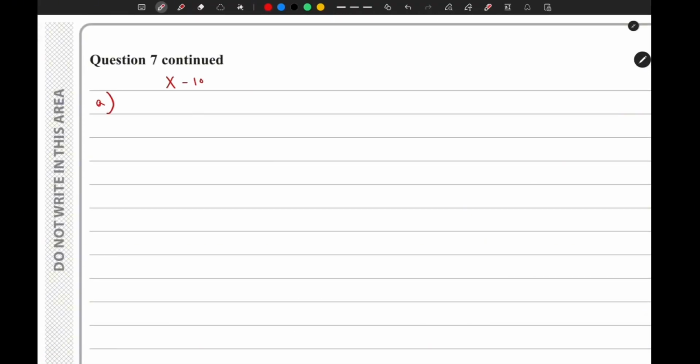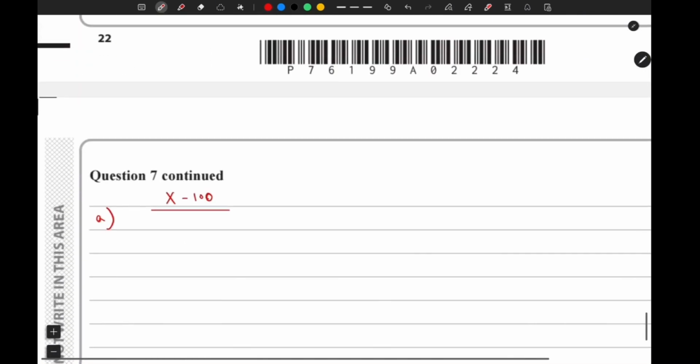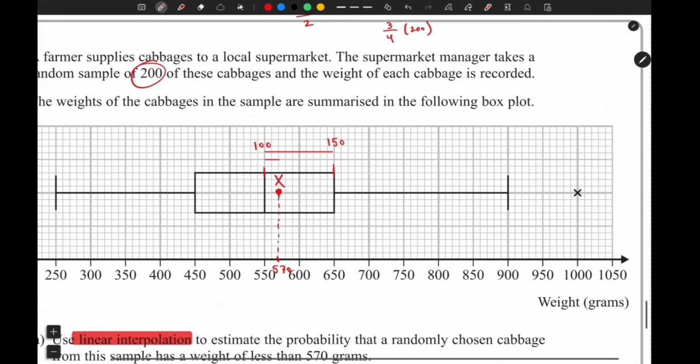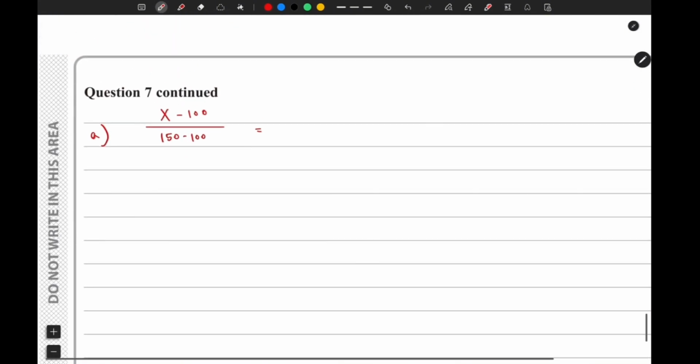So x minus 100 divided by the whole length, which is 150 minus 100, equals this length divided by this length, which is 570 minus 550 divided by 650 minus 550.